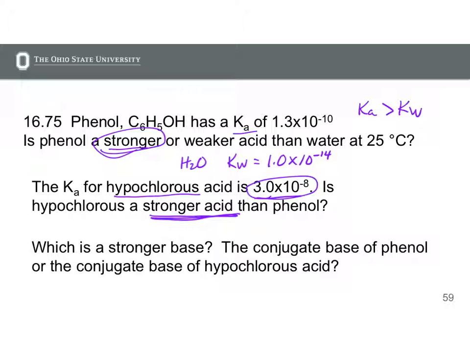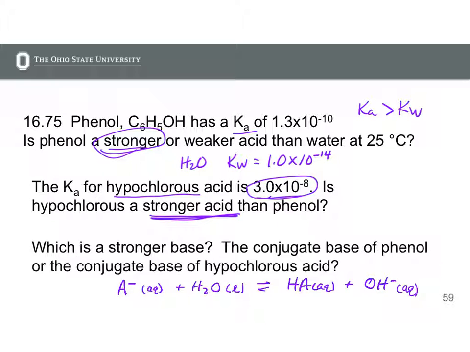If we were to compare the basicity of the conjugate base of phenol to that of hypochlorous acid, we could determine which is stronger. So let's just think about a generic conjugate base, A minus. When we put that in water, our equilibrium is going to be with HA and OH minus.